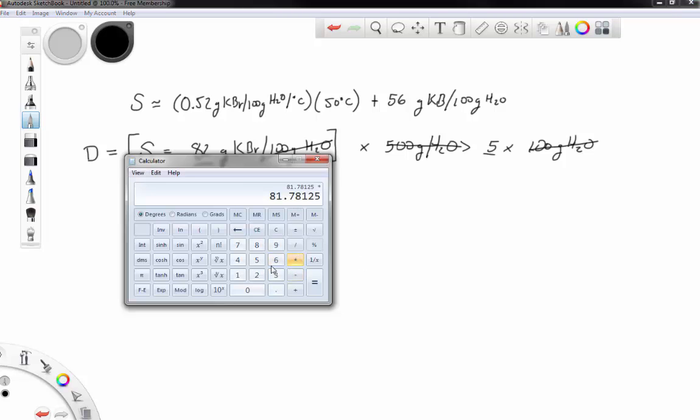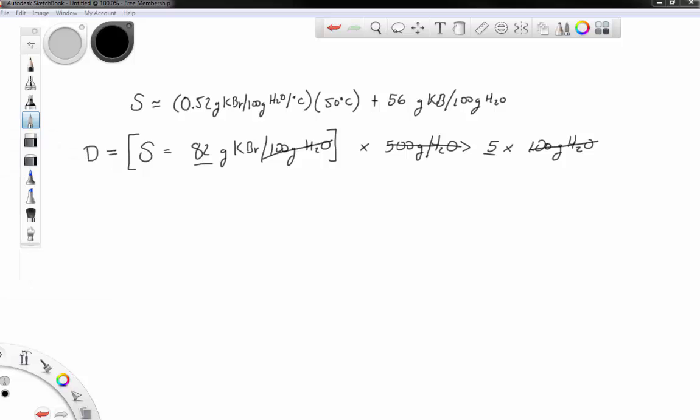So this number times 5 gives us 410 basically. There's some round off error, obviously. 82 times 5, 410. So in this case, we would be dissolving about 410 grams of potassium bromide.